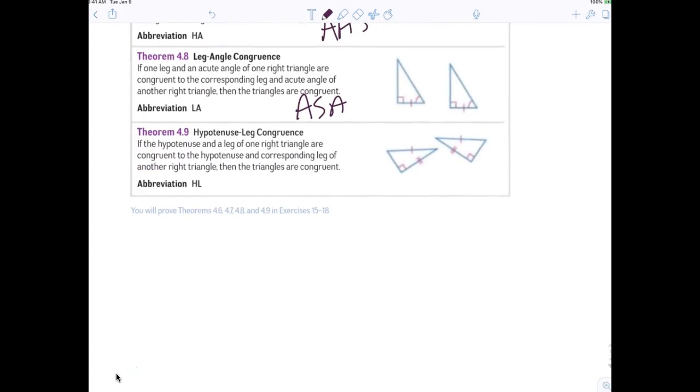Now, the one that is necessary, but for me is obvious, is Theorem 4.9. This is necessary because we already said we cannot do angle, side, side. We cannot do that. No. We must call this the hypotenuse leg. That is the only time in which you can have an angle, a side, and a side. So this is hypotenuse leg.